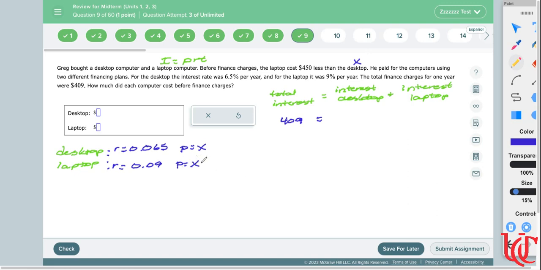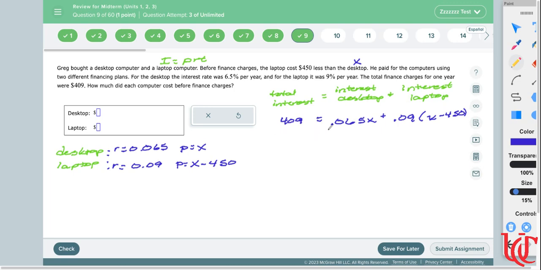So this is going to be X minus 450. All right, put them into our formula and into our equation. So interest of the desktop is the price times the rate. Since they're multiplied, I can put them in the other order. So I'm going to say 0.065x plus the interest of the laptop, which is 0.09 times the price, which is X minus 450.